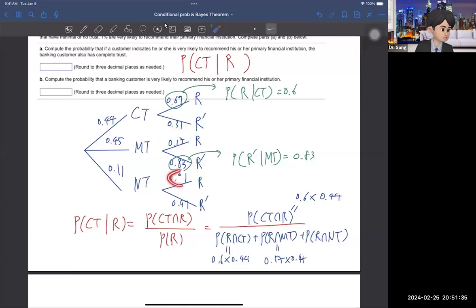And then the last one is 0.01 times 0.11. Okay, so that's how you use Bayes theorem. And these two examples give you the intuition why we need to understand this conditional probability to find the answer.